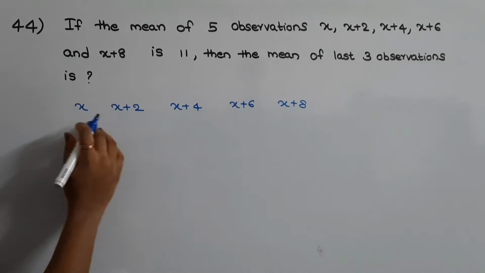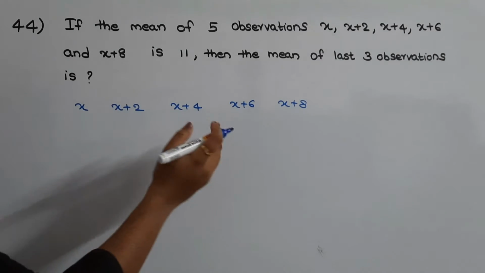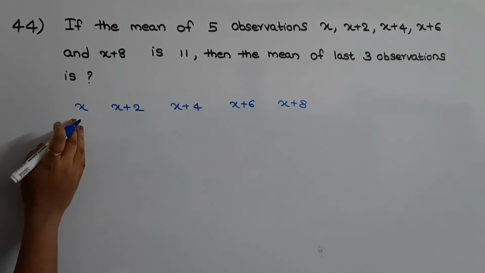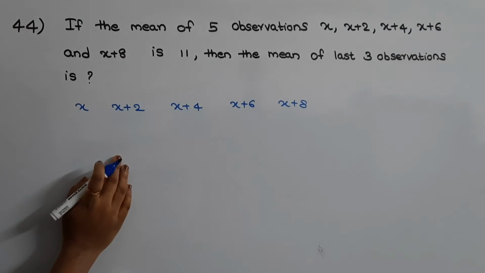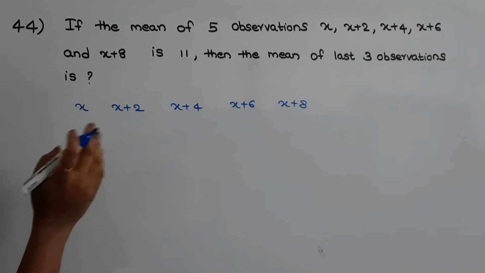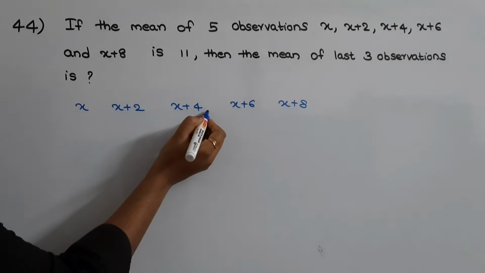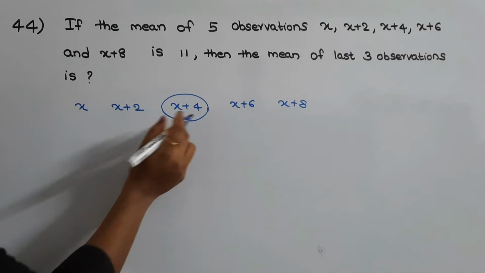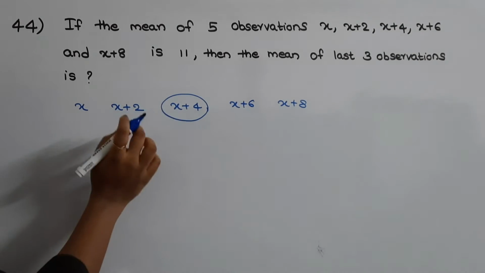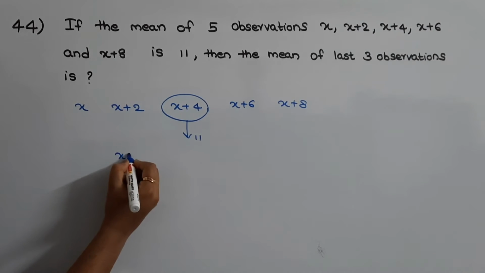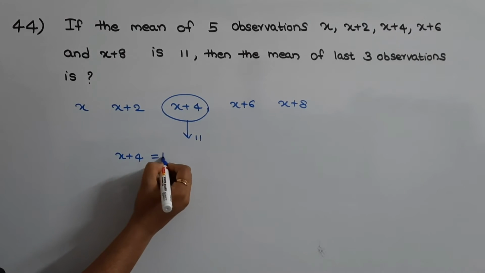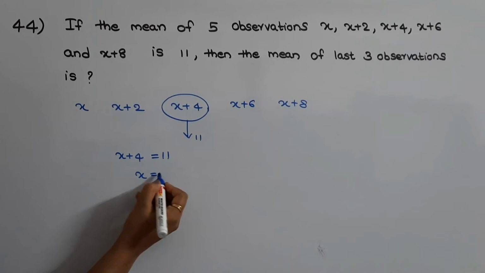These are numbers that follow each other continuously in the order from smallest to largest, which means these are consecutive numbers. And we know that the mean of consecutive numbers is the middle number. Here the middle number is x plus 4 and this mean is given in the question as 11. So x plus 4 is equal to 11. From this, the x value will be equal to 7.